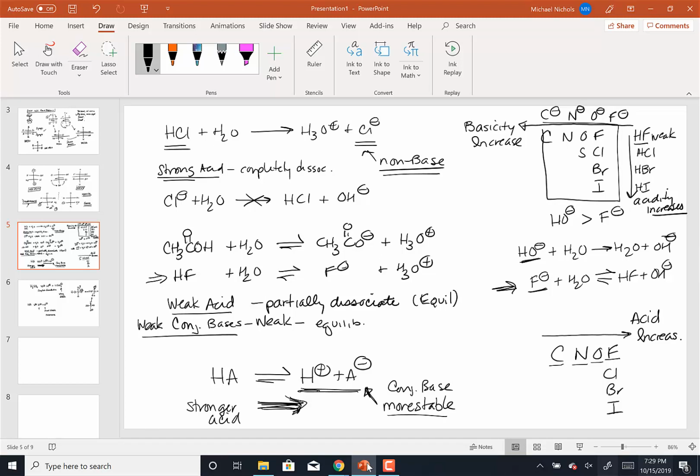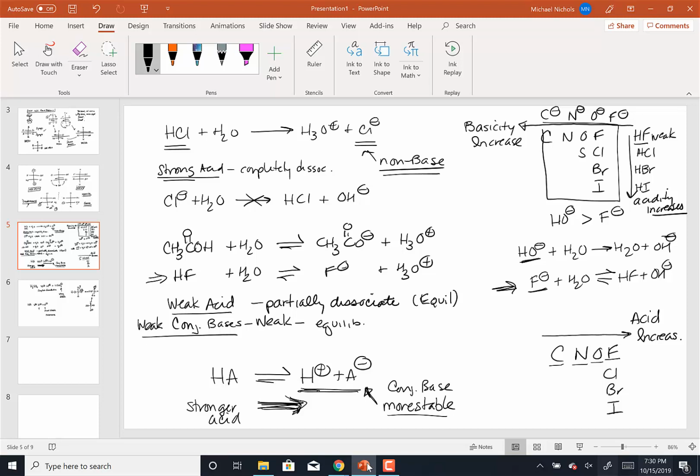Now you might say, if HCl, HBr, HI, if they all completely dissociate, how's HI a stronger acid than HCl? Well, here's the problem with that. The idea that HCl, HBr, and HI 100.00% dissociates is one of those little white lies we tell you in general chemistry. They actually don't completely dissociate. It's a big equilibrium constant, but they don't completely dissociate.